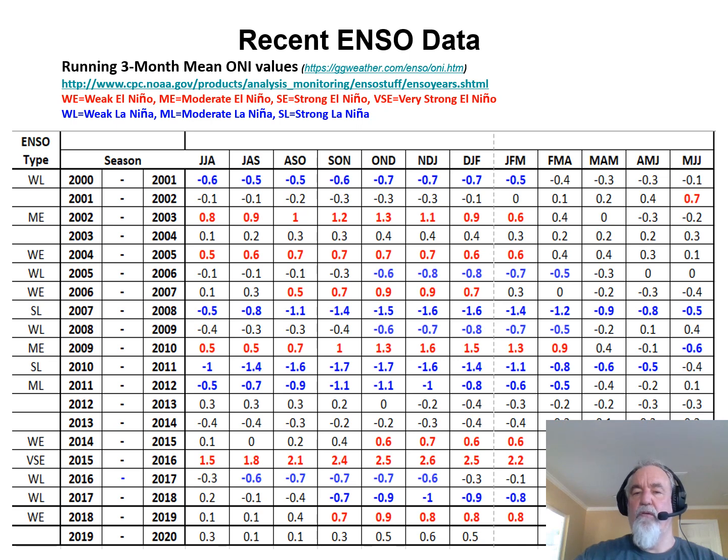For El Nino, 1, 2, 3, 4, 5, 6, almost the same. So 6 El Nino January, February, Marches. And for neutral or normal conditions, 1, 2, 3, 4, 5, 6.